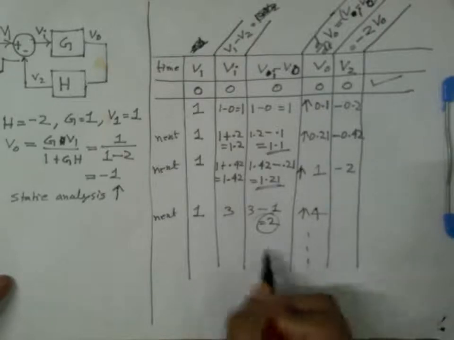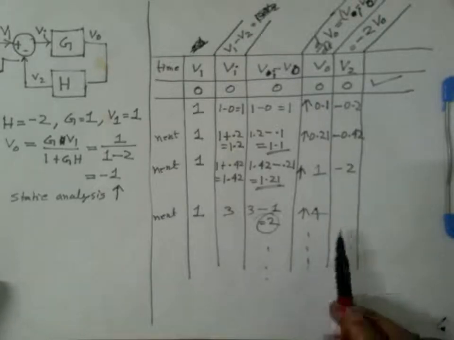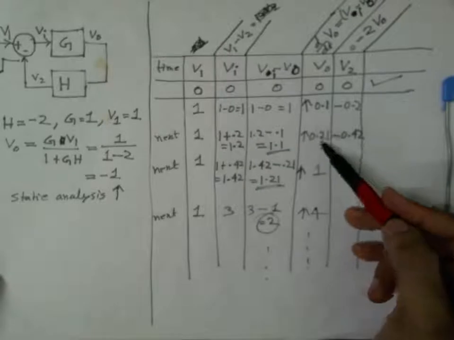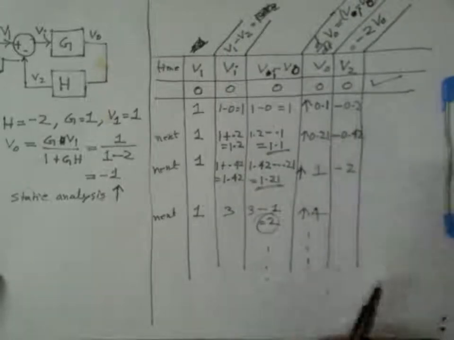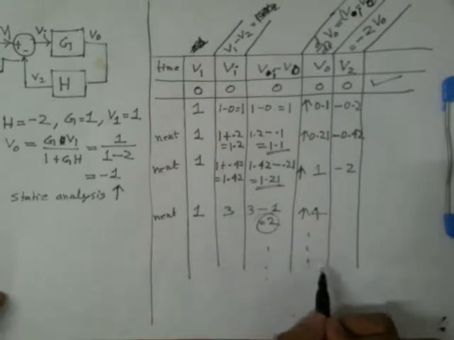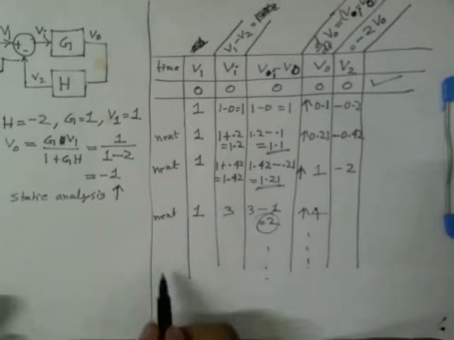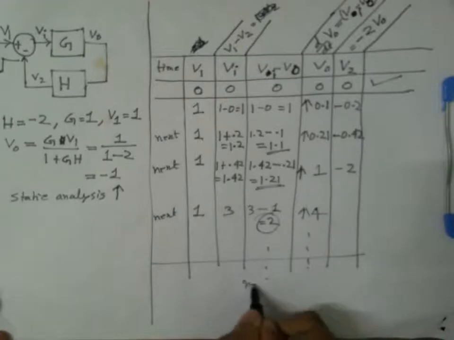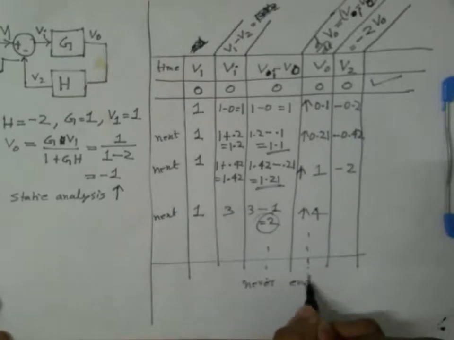If we continue this table, we will see that V0 increases continuously like this. Okay, so this table never ends. So this is a never ending table.